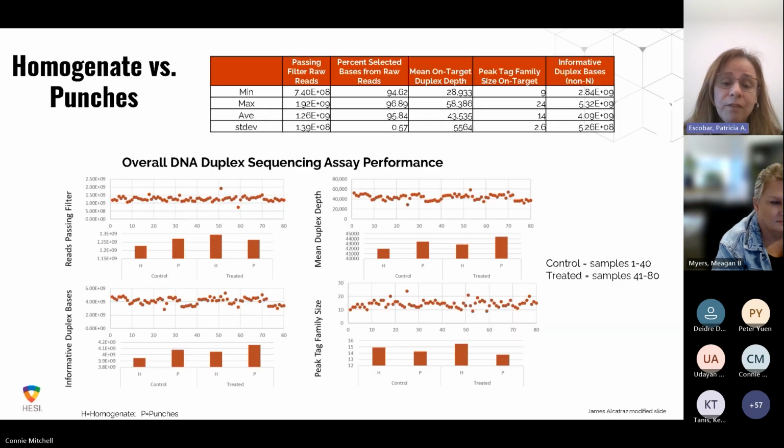So this just relates what James has done so far, meaning this is a lot of samples, with a lot of homogenates versus punches.